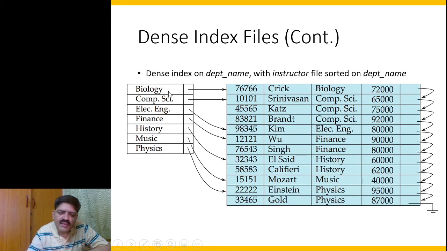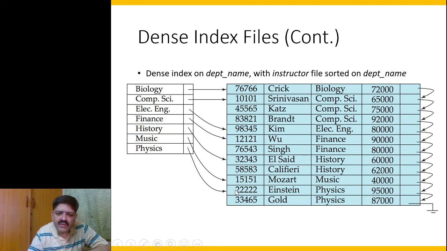So here is another dense index where there are only these many departments, and for every department I have an index, and I have a pointer pointing to that particular index. Luckily here you will see that these records are already sorted by the department name, so I don't have to have multiple physics entries.